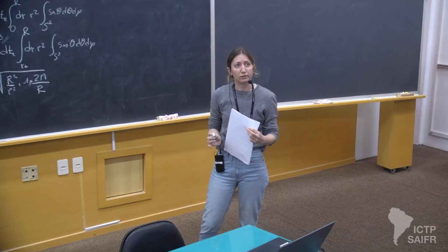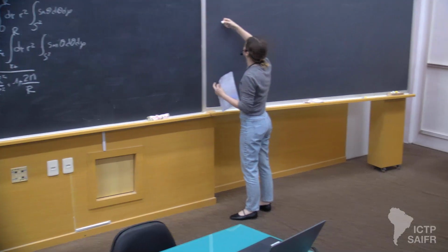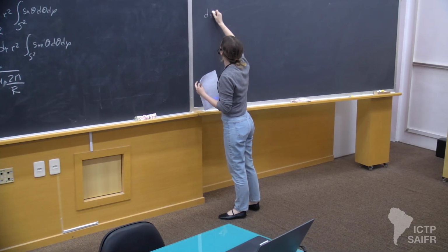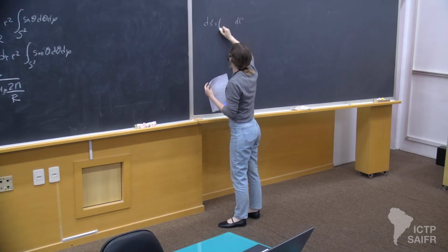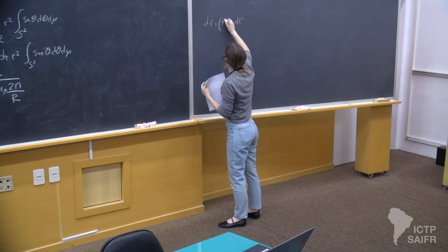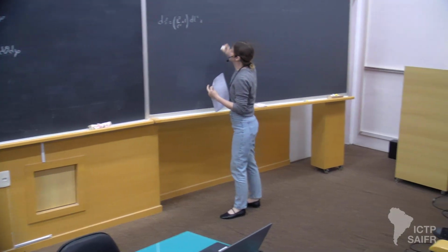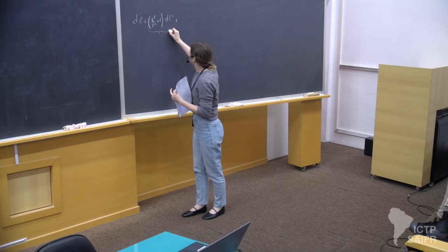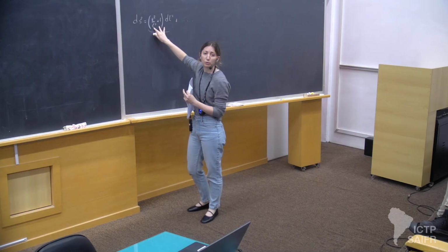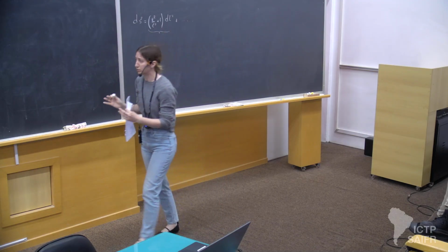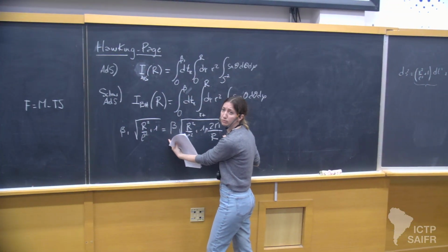If you remember the metric we were working with, ds squared equals dt squared times R squared over L squared plus 1, plus other stuff. You have to include the periodicity of this coordinate and multiply by the square root of this. This is the length of the S1 circle of AdS, and it should equal the same thing for the black hole.